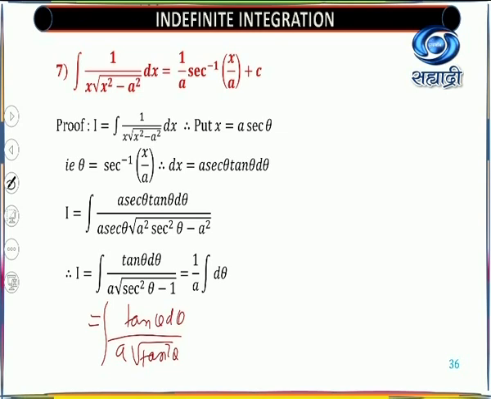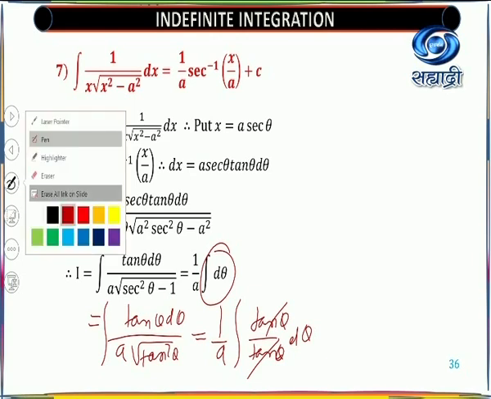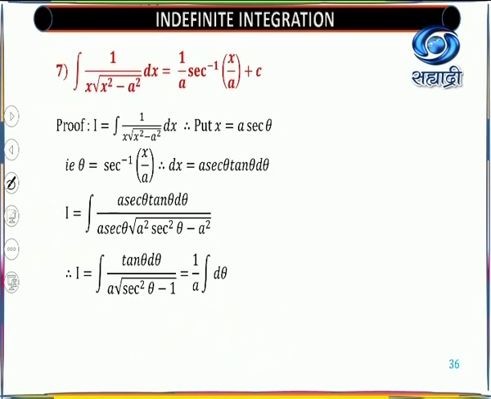Now 1 upon a is a constant, so you are able to take that outside. This tan theta and tan theta will get cancelled and therefore you are getting d theta. Is that clear? So you will get this as the integration of d theta. The integration of d theta is nothing but theta plus constant of integration.